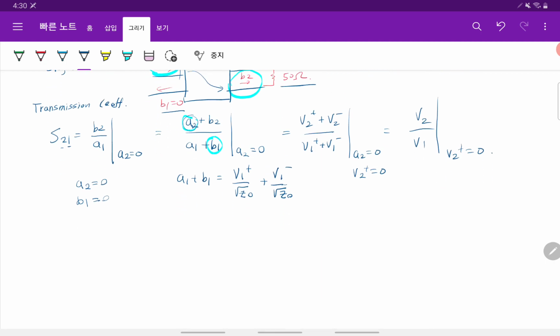So we draw this circuit again, 8.56 ohm, and then it is connected with 50 ohm.